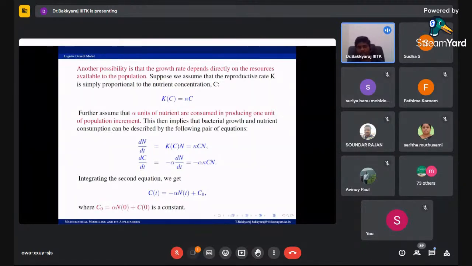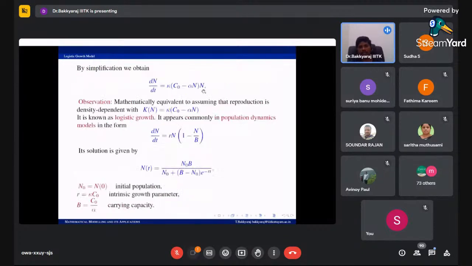Now if you get closer to the more realistic situation, the moment you substitute the value of C in the first differential equation, a product term comes into the picture: C naught times N into N squared. Understand? So now you get a nonlinear differential equation.